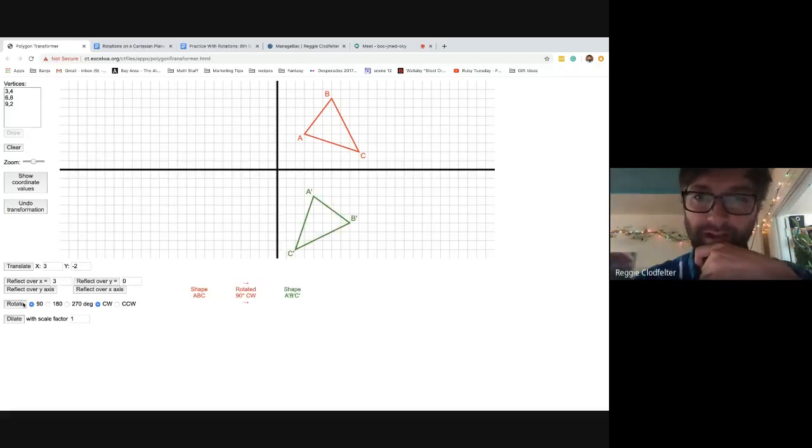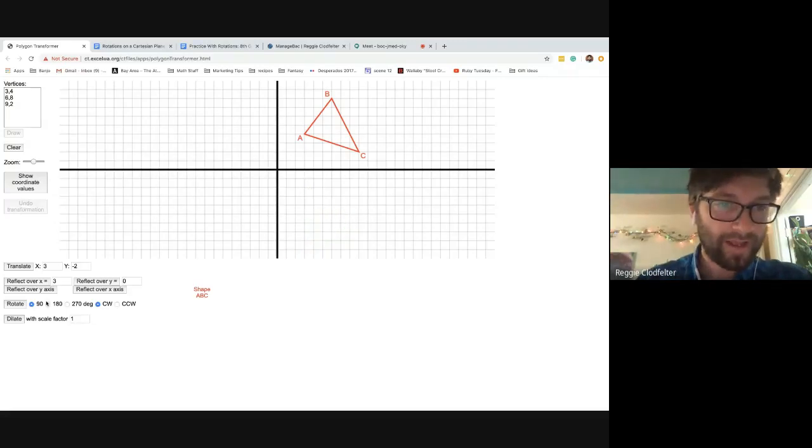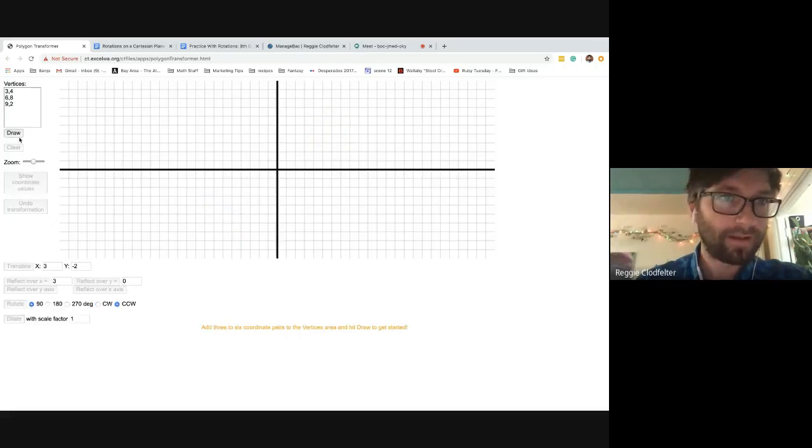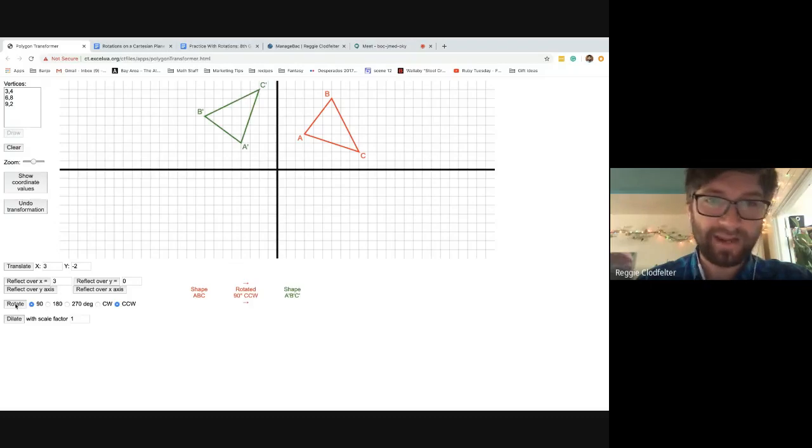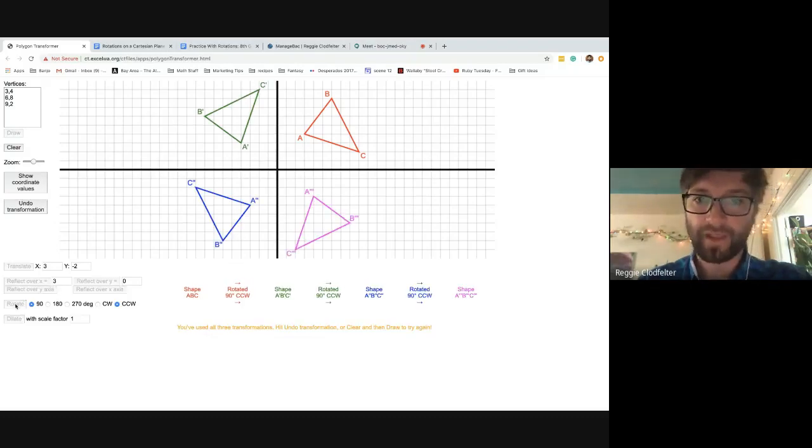You can rotate it 90 degrees, clockwise, counterclockwise. Everyone knows that CW is clockwise and CCW is counterclockwise. You can rotate it 180 degrees. You got to make sure to draw it, rotating 90 degrees at a time, and get all of them.